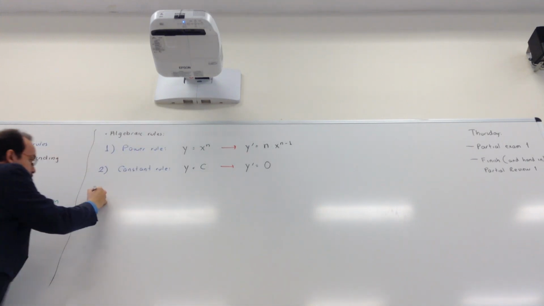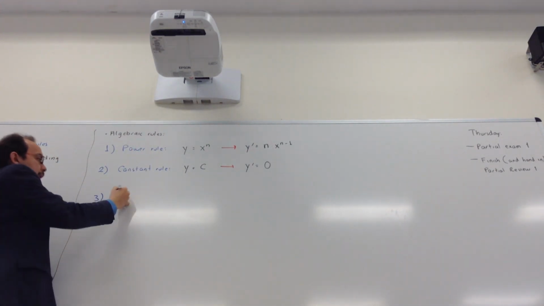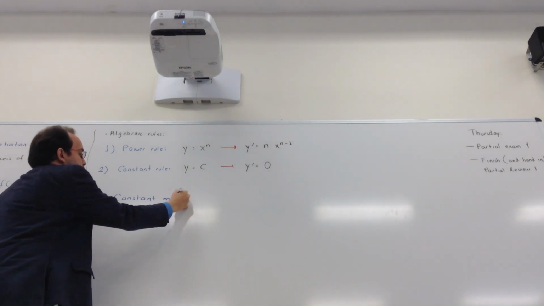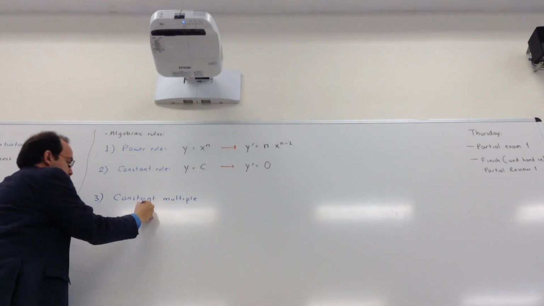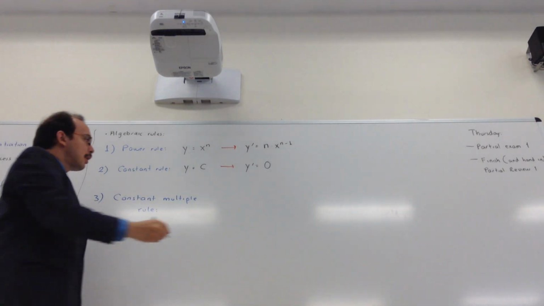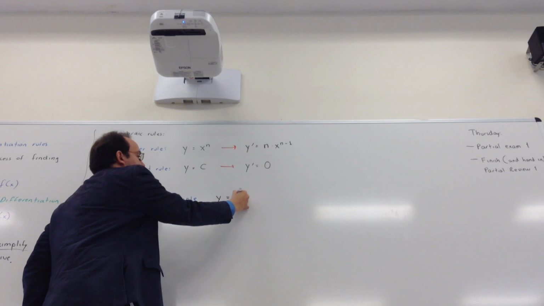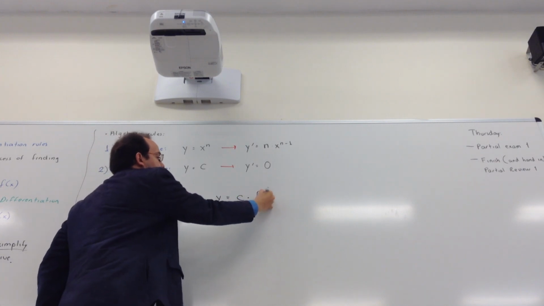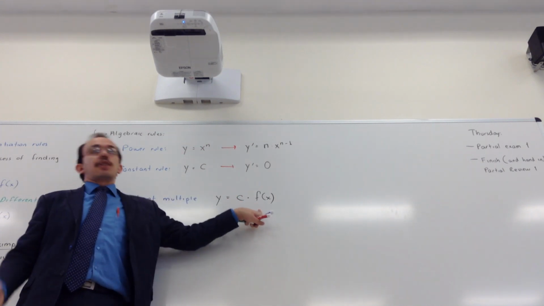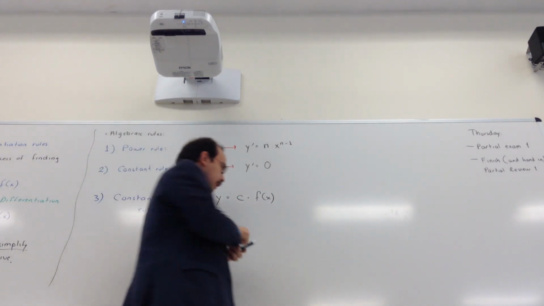The third rule is called the constant multiple rule. In this case, for example, if the function is a constant multiplying a function, what function? Any function, not just this one. It could be a trigonometric function or something like that.